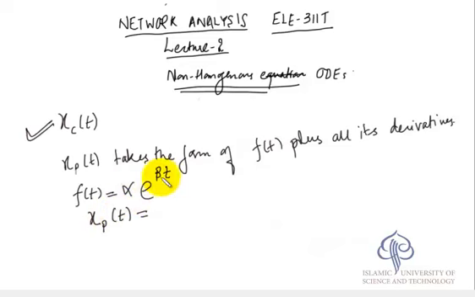If you see this, it's very clear that all the derivatives of f(t) and f(t) itself can be written together as A e to the power beta t, because no matter how many times you differentiate, you will get a beta here, which is a constant. So the particular integral will take this form. What is left for us to evaluate is only the coefficient A.